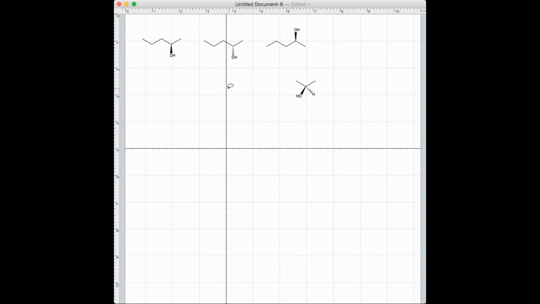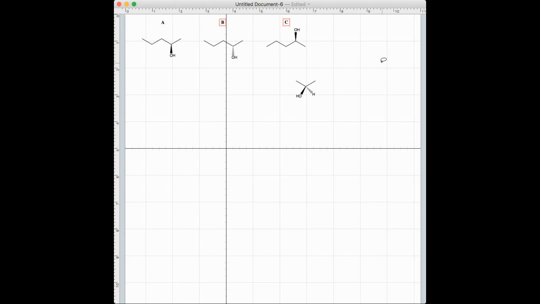If we want to look at the relationship between the three of them, I'm going to say this is molecule A, this is molecule B, and this is molecule C. If the question is what's the relationship between these three, we need to look carefully.